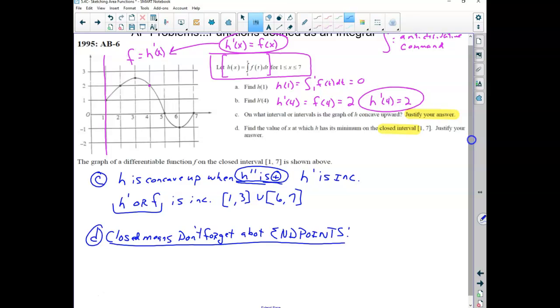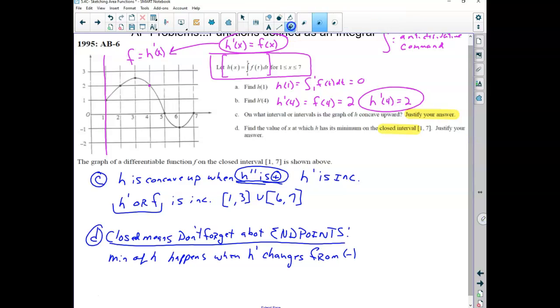Okay, well, find a minimum of h. Actually, I'm going to take this backwards a little bit. I don't want to go there yet.